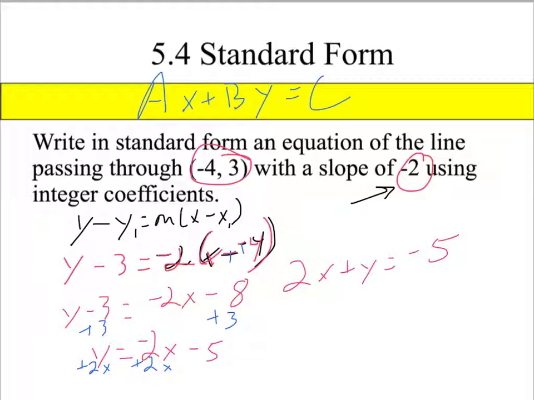Now you can ask yourself, is that in standard form? You betcha. Does it have integer coefficients? Are 2 and 1 integer coefficients? You got it. Okay, so your answer in this form is going to be 2x plus y is equal to -5. All right? Sweet. Moving on.